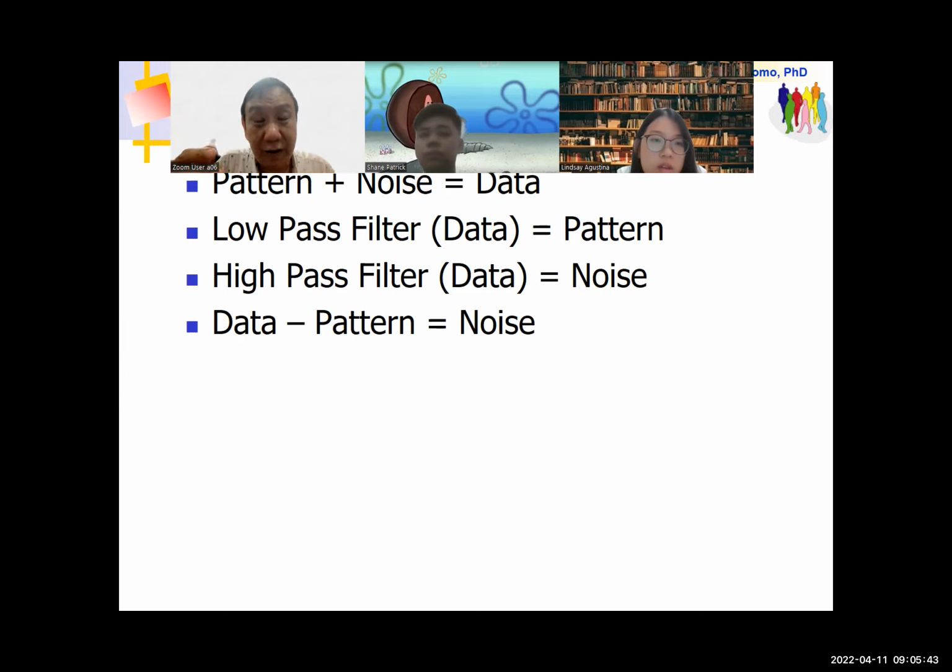Another filter is called high pass filter, that you will get the noise. And if you have the data minus the pattern, you will get the noise itself. Of course, your goal is to find the pattern from the data.